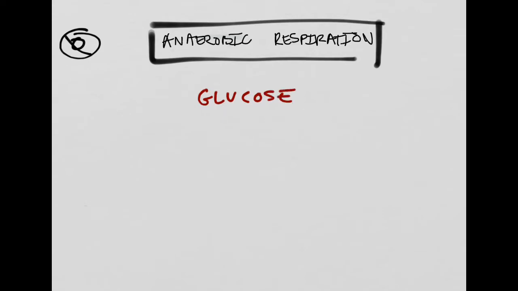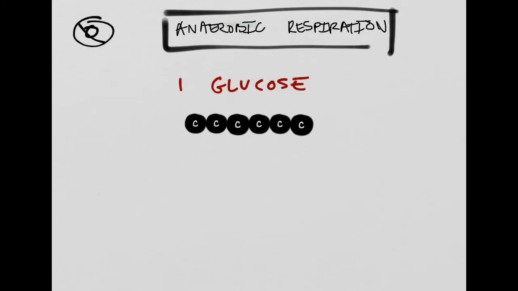Now, there's one glucose that goes in. And as you know, glucose is a 6-carbon molecule, so let's start counting our carbons here. As you know from today's class, the first step in anaerobic cellular respiration is glycolysis.